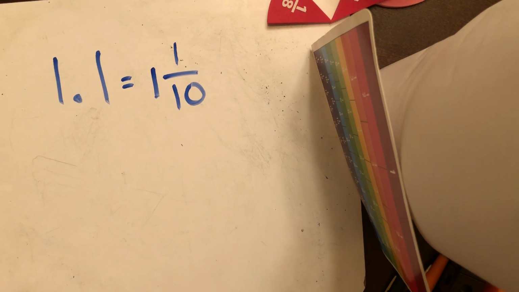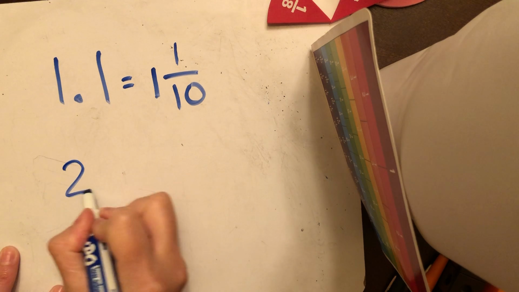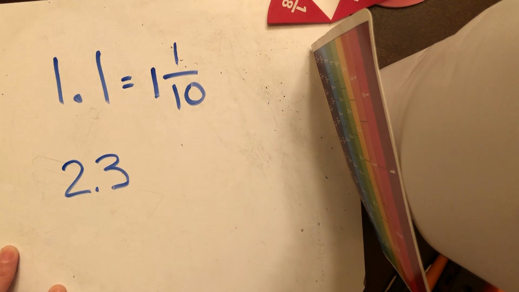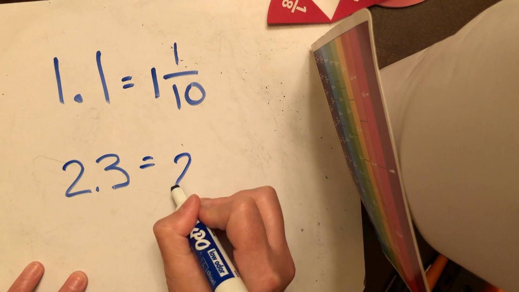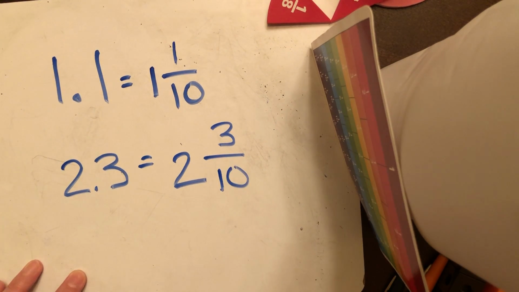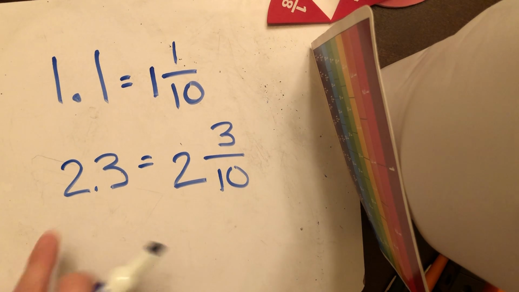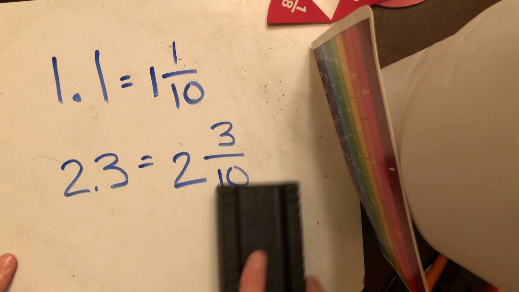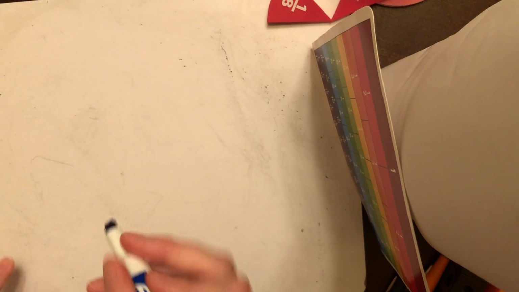What if you had 2.3? That would be 2 and 3/10. That's also written as a mixed number. It's a whole and part of a whole. I'm going to give you a couple to work on your own, and then we'll check.